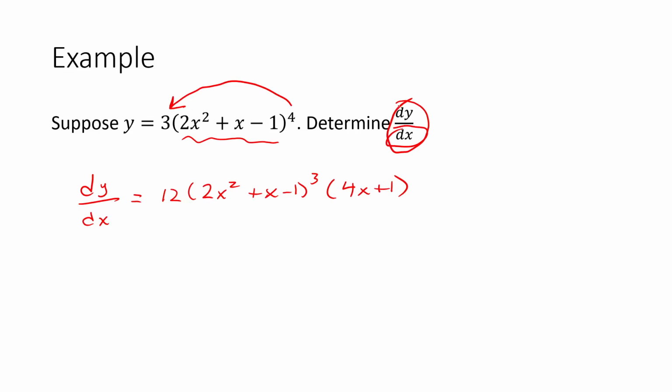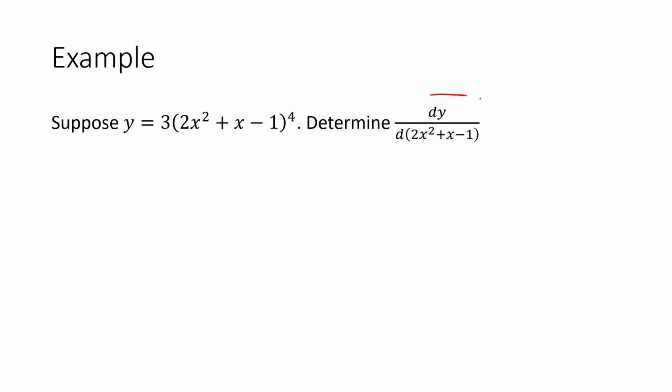Notice in the last question, I said the derivative of y with respect to x. Now I'm saying the derivative of y with respect to 2x squared plus x minus 1. Well, it helps some people at this point to give a variable to 2x squared plus x minus 1.